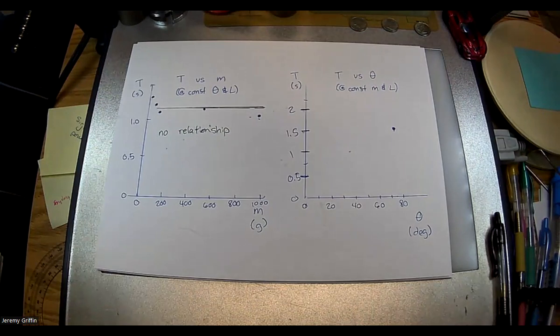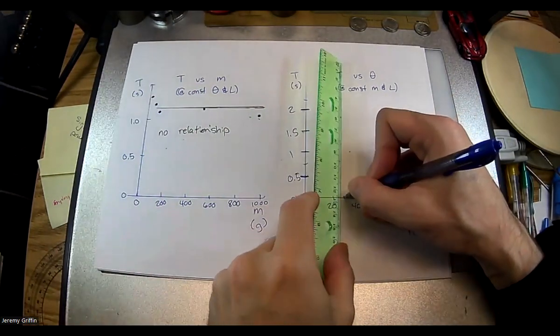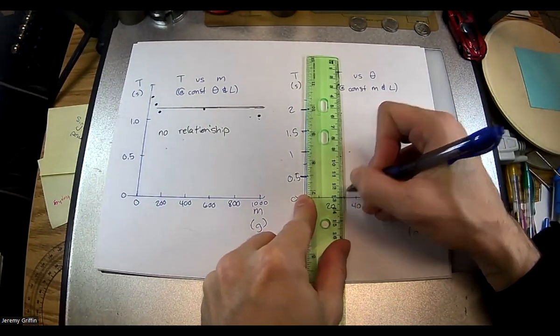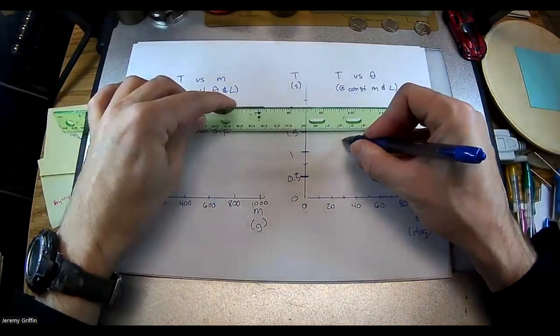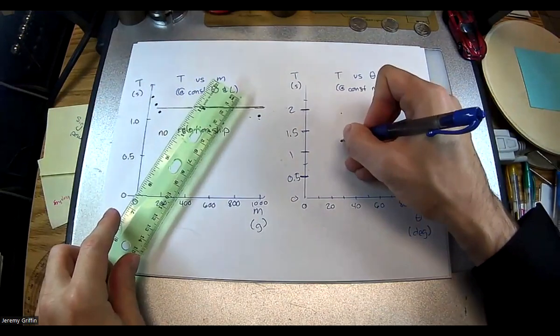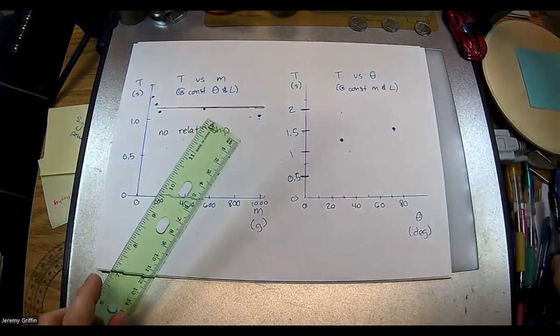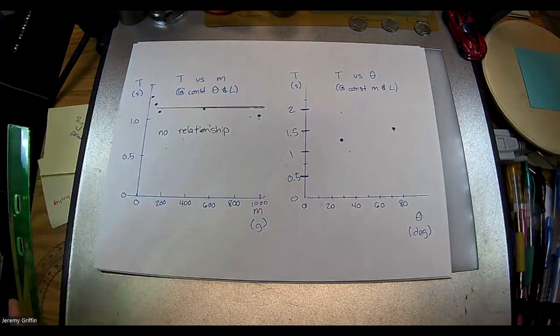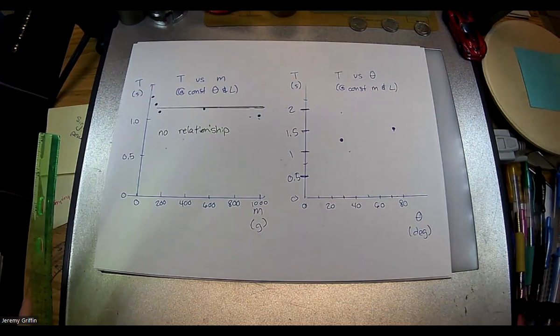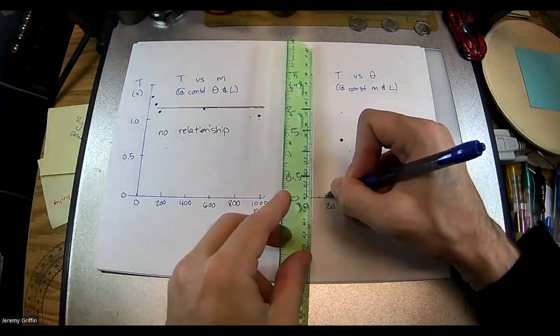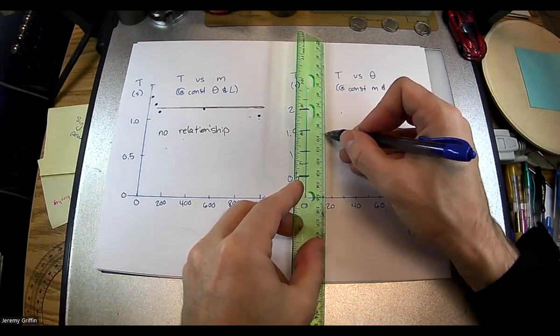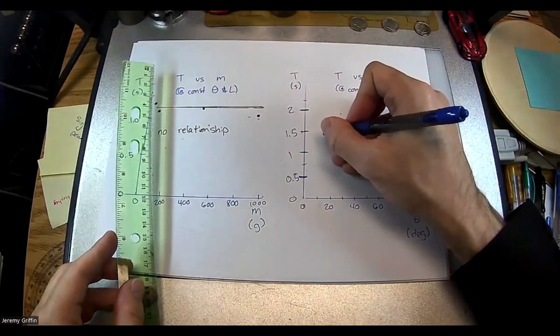All right, what's another coordinate? Another coordinate, we have 30 degrees and 1.38 seconds. 30 degrees, 1.38 seconds. It's right about there. All right, what else? We have 15 degrees and 1.47 seconds. Right there.